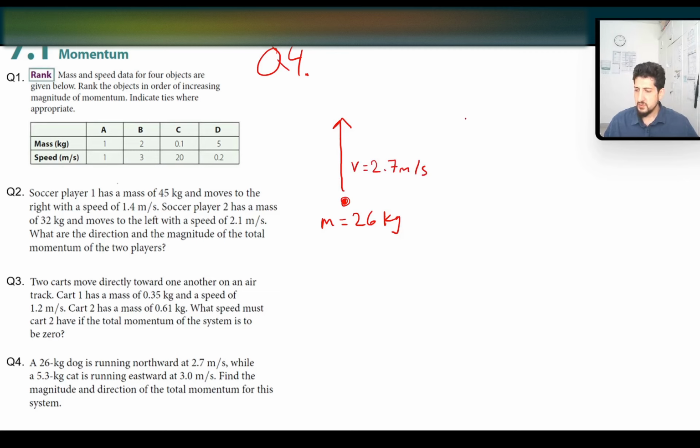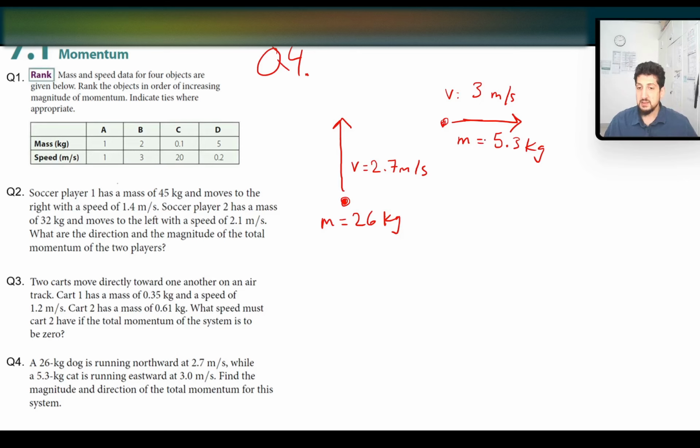And we've got a 5.3 kilogram cat running eastwards at 3 meters per second. The mass of the cat is 5.3 kilos. What are they trying to find? The magnitude and the direction of the total momentum for the system.